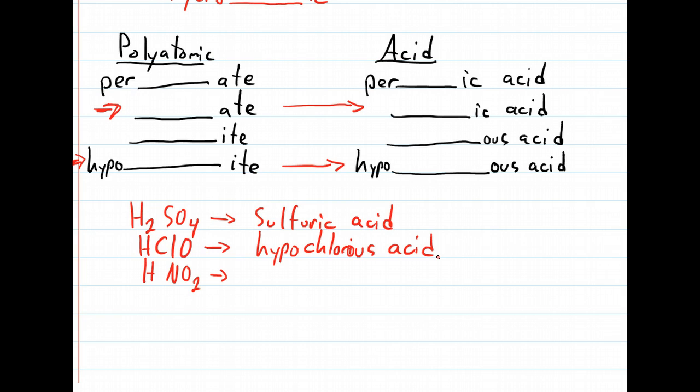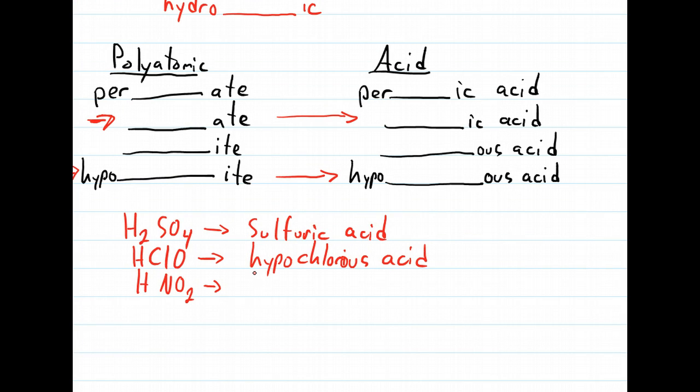Okay, so take a second, look at the last one, and come up with an answer. Based on what we just talked about, we know NO3 is nitrate, right? So NO2, one less oxygen from that, is going to be what? Nitrite.